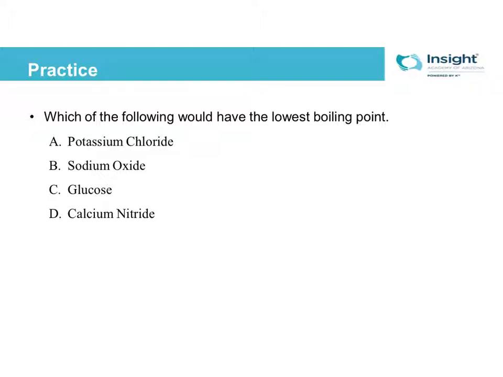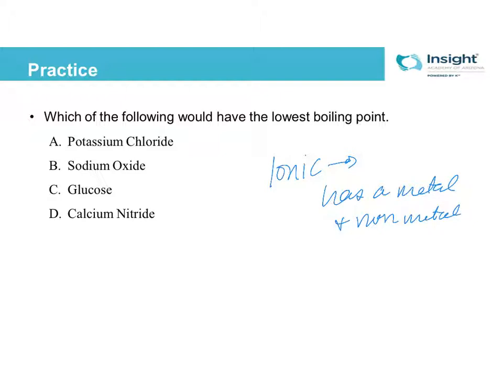So let's go through these. Just looking at these names, how could I figure out whether or not these are ionic or not? That's where that last point comes from. Ionic has a metal and a nonmetal. So let's start looking some of these up.